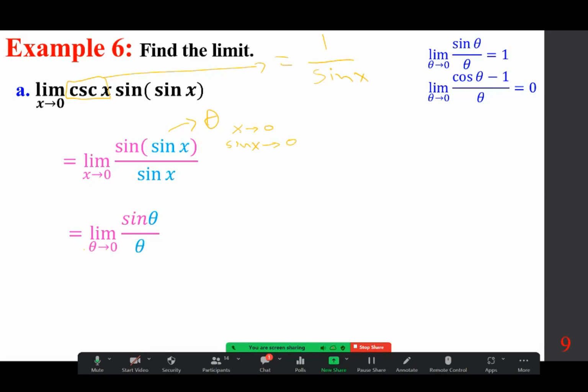I want to make sure everybody understands that they are all identical, meaning we are looking for this one and this one to be the same. This and this are the same. Since x goes to 0, sine x goes to 0. Therefore, we can replace everything with theta, and obviously the answer is 1.